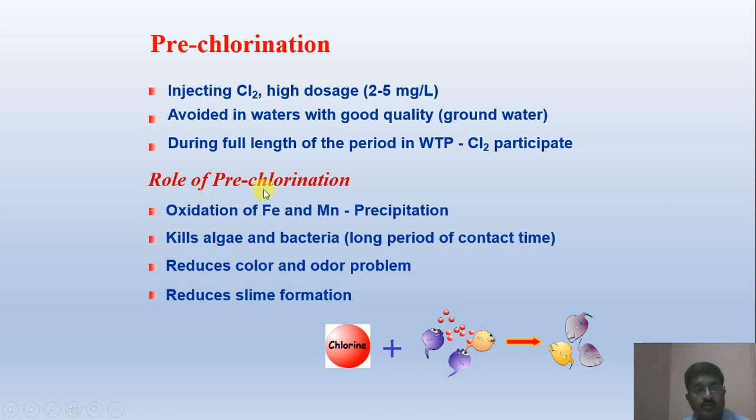Role of pre-chlorination: oxidation of Fe and Mn for precipitation, then it kills algae and bacteria. A long period of contact time is there. It reduces color or odor problems and reduces slime formation. So these factors are also there, which we have to see, right?